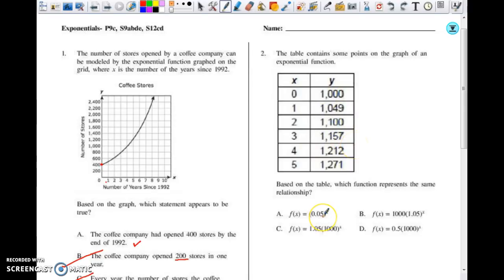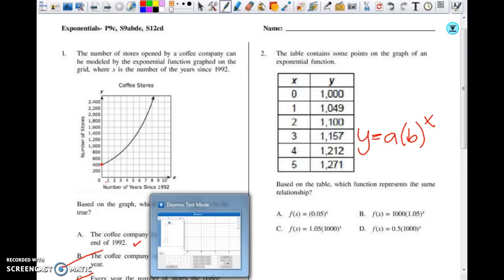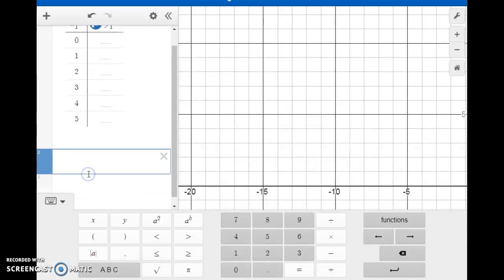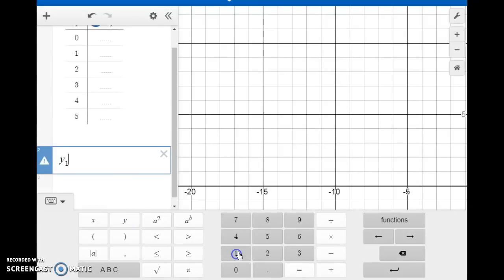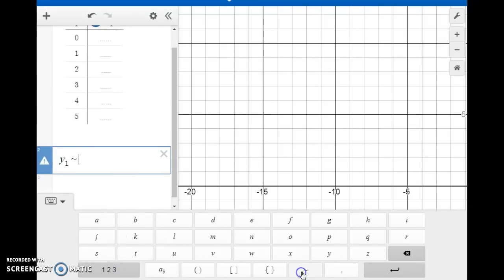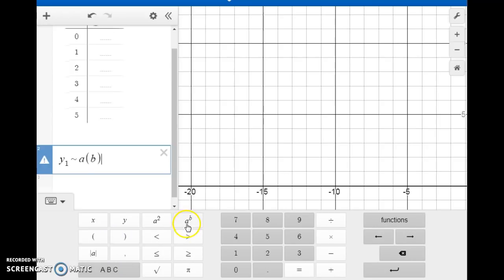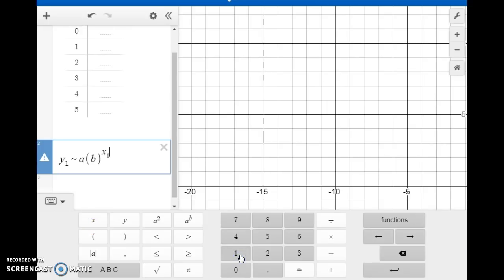How do we ask it to give us this equation? Remember, it's y equals a times b to the power of x. So once you have the table in, you put y1, squiggly approximate, a, parentheses b, parentheses to the power, so you do a(b)^x1. Remember that? Once you fill in your table, this will auto-populate.